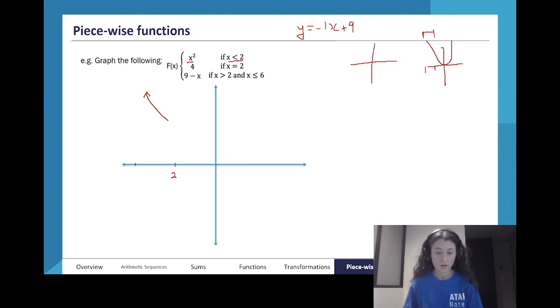So it is going to intercept maybe, let's say, here, and then come down at -1 like this.